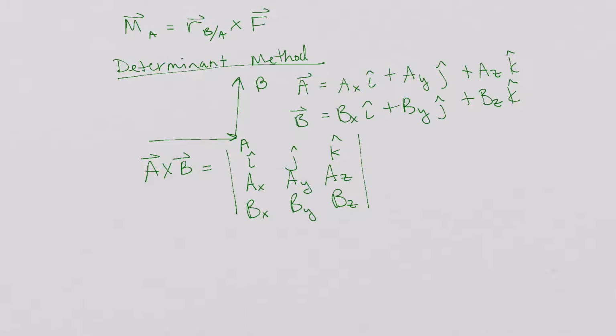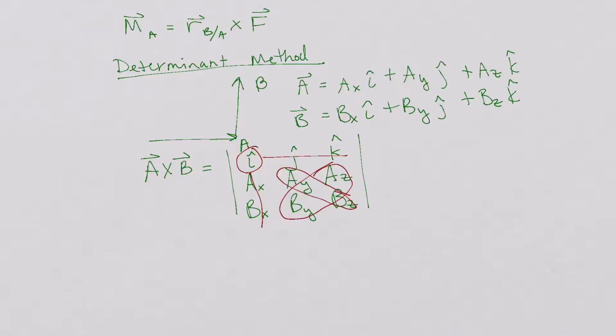So with this, we start with the i, and I'm going to need a different color. We do i times AY times BZ minus AZ times BY. So you basically cross out everything from the i.